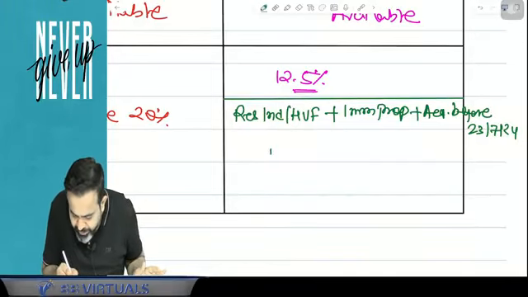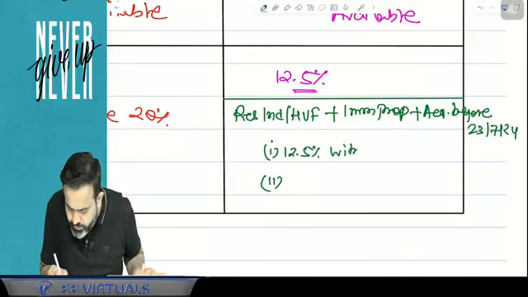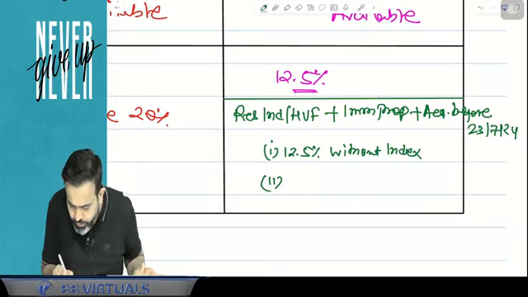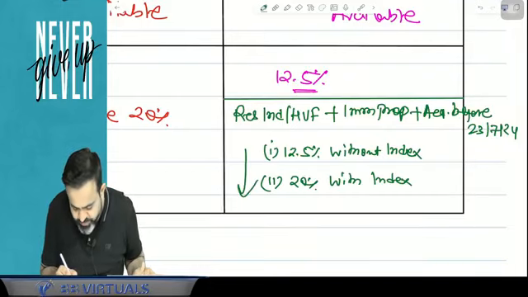Your tax liability will be either 12.5% without index or 20% with index, whichever is lower.